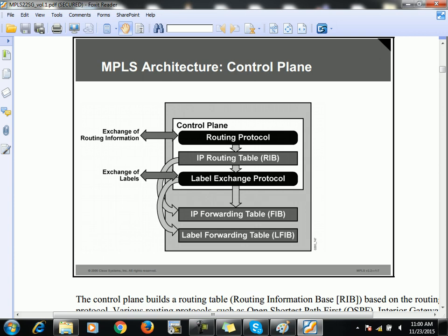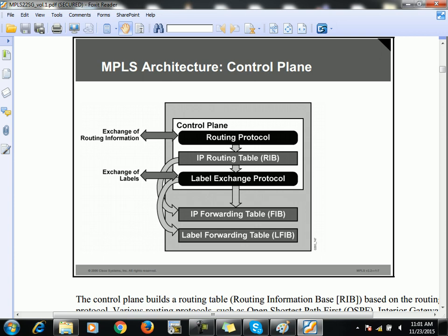Routing protocols are handled by the control plane, and the RIB is maintained by the control plane, whereas the FIB, which is also called the CEF table, resides in the data plane. Whenever a packet comes in, it performs a lookup in its FIB only, and accordingly it takes a decision.